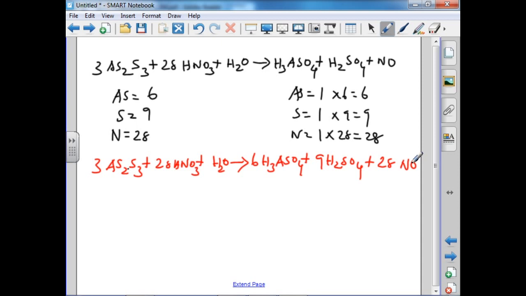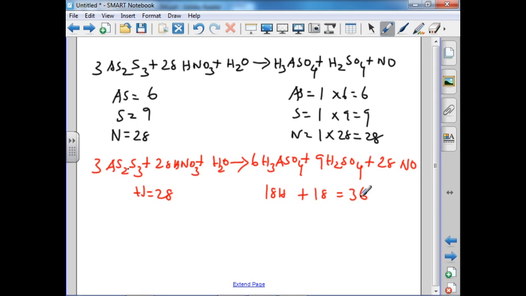So mostly all the atoms are balanced on both the reactant and product side except hydrogen and oxygen. Now we are going to balance hydrogen. Hydrogen on the reactant side is 28, but on the product side 18 plus 18 equals 36.